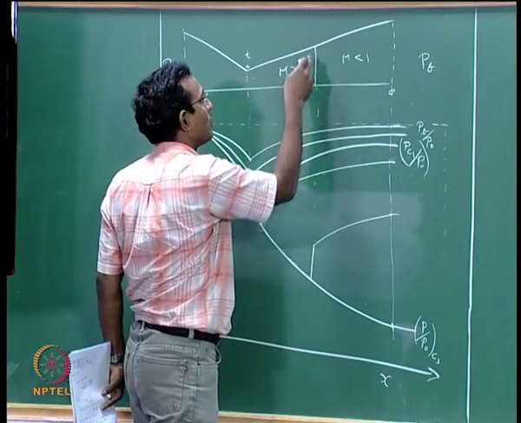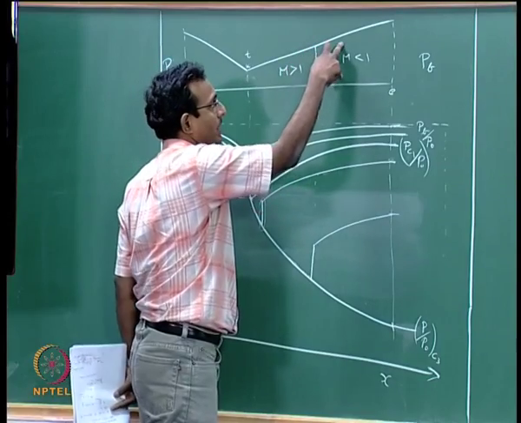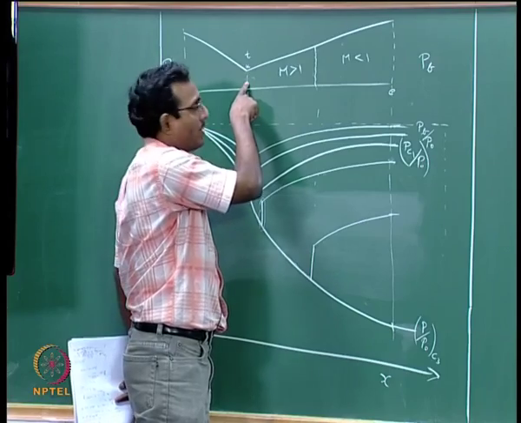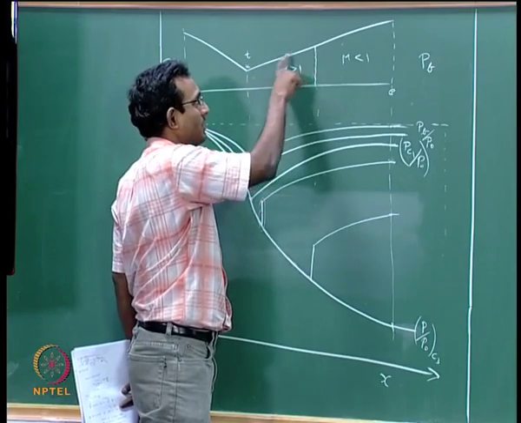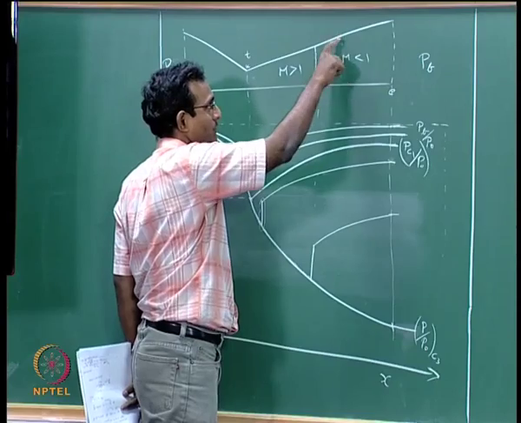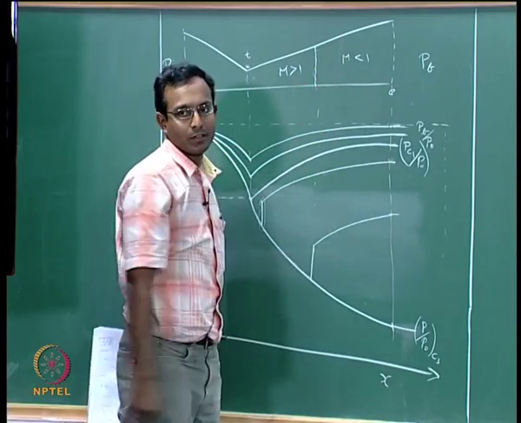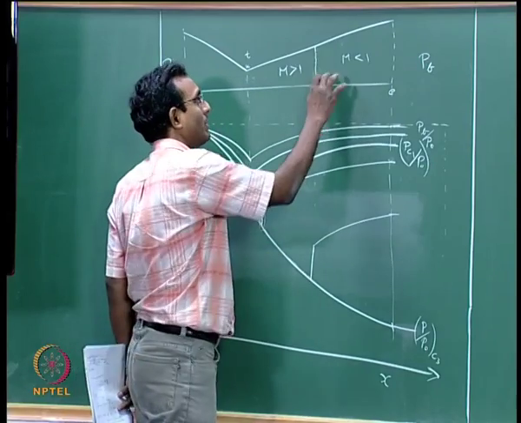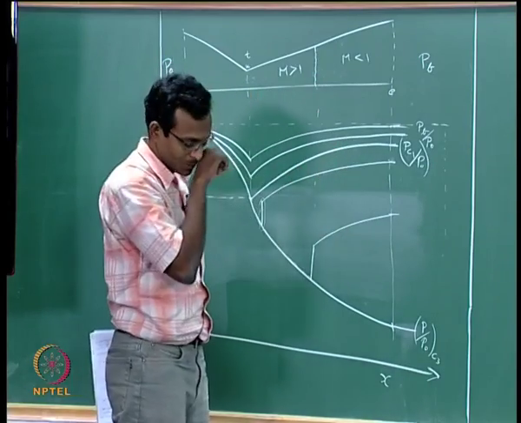If the shock goes more out, the shock sits at a higher area. Higher area means from throat M equal to 1, I have become supersonic and it is a diverging duct, so the Mach number is going to increase much further, to a higher Mach number here, and so the pressure jump will be higher. Not a drop, it is actually an increase in pressure across the shock.